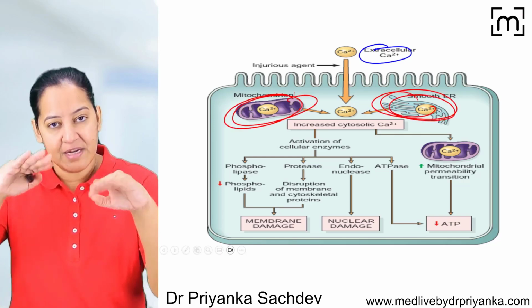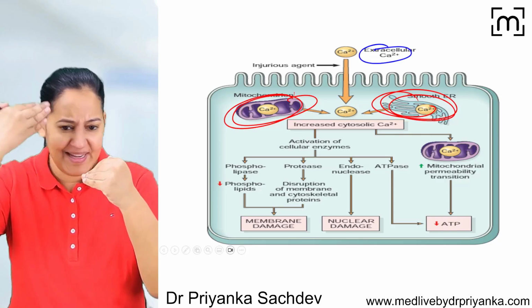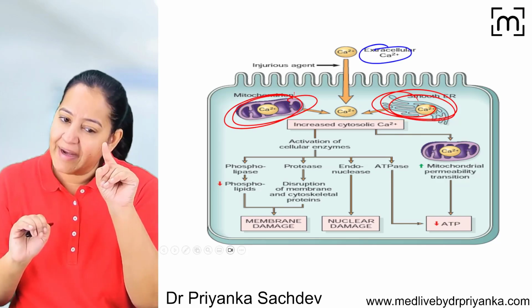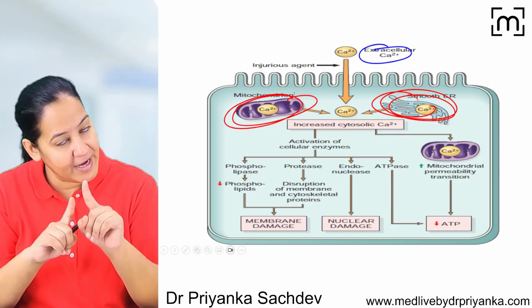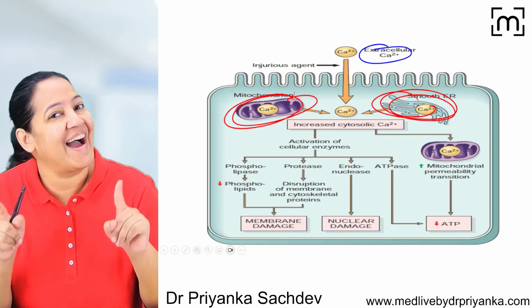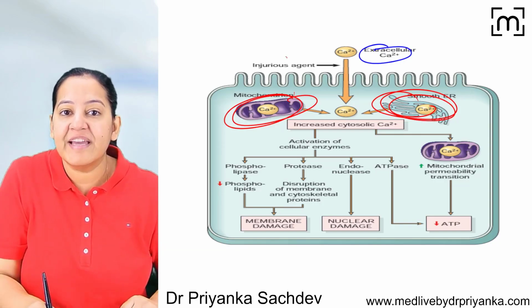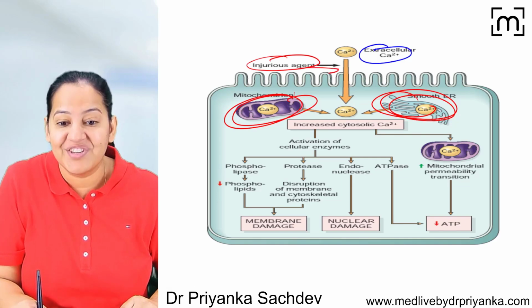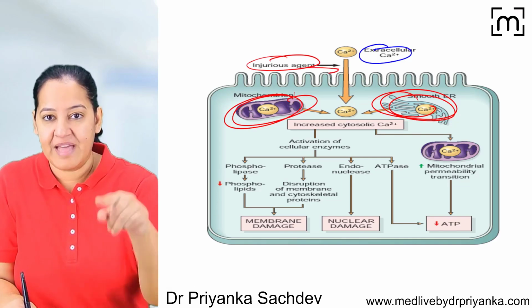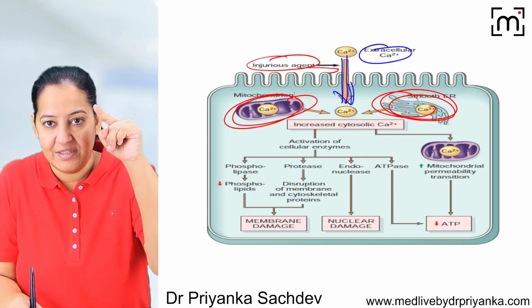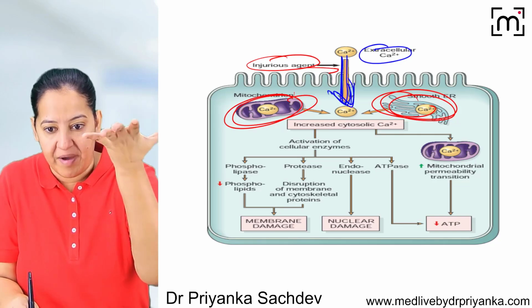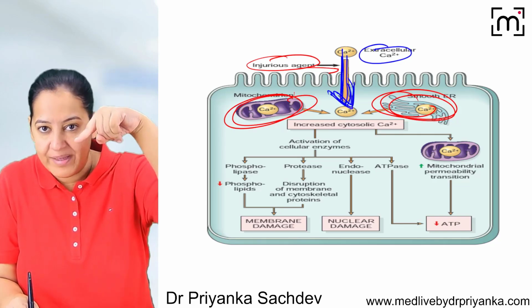So calcium is present outside the cell, maximum, let's say 99%. Only a minute amount is present inside the cell, but that too not free; it is present either in the mitochondria or endoplasmic reticulum. Now, whenever the injurious agent comes, two things will happen. Number one, the calcium channels will open and extracellular calcium will go inside the cell.